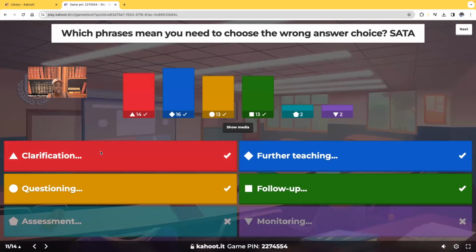So when you get a question asking which one needs clarification, when you need clarification, that means you're not sure about something. Something doesn't make sense. So you need to ask questions, right? For example, if you were ordered to give a patient digoxin and you look at the heart rate and see that it is 55, and the healthcare provider knows the heart rate's 55 and says they still need you to give digoxin, are you going to give it blindly?